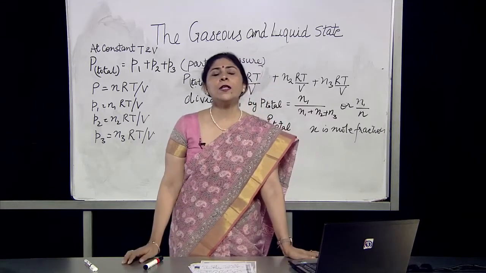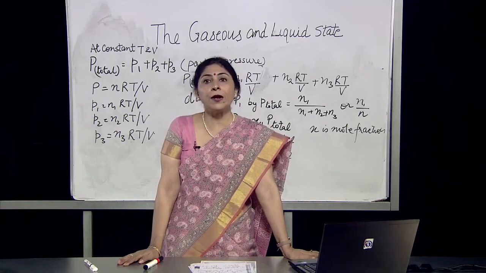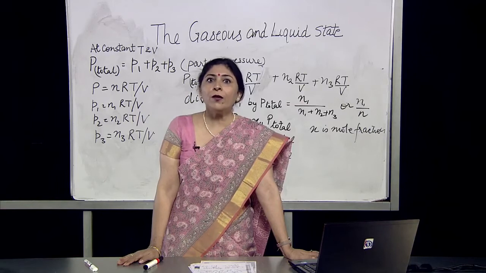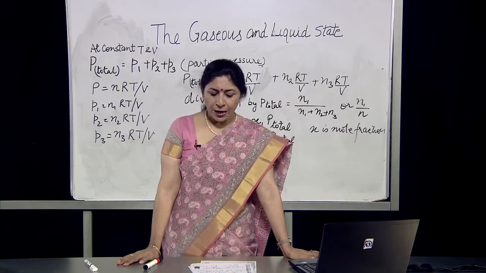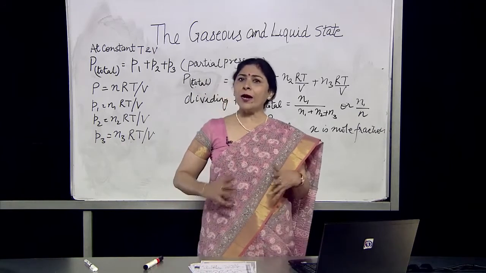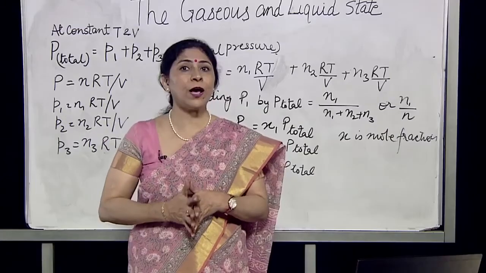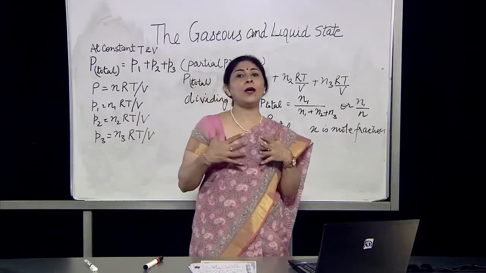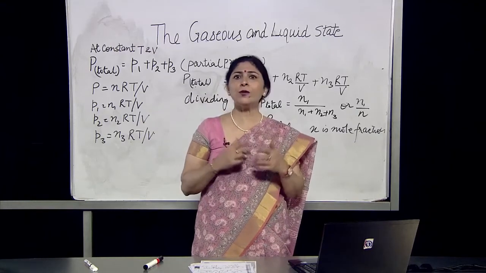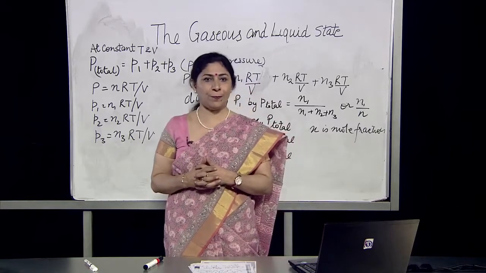Then the third is that the molecules are in a state of constant, rapid and random motion, colliding with one another and with the wall of the container. Because they are continuously colliding and in motion, gases do not have any particular shape.